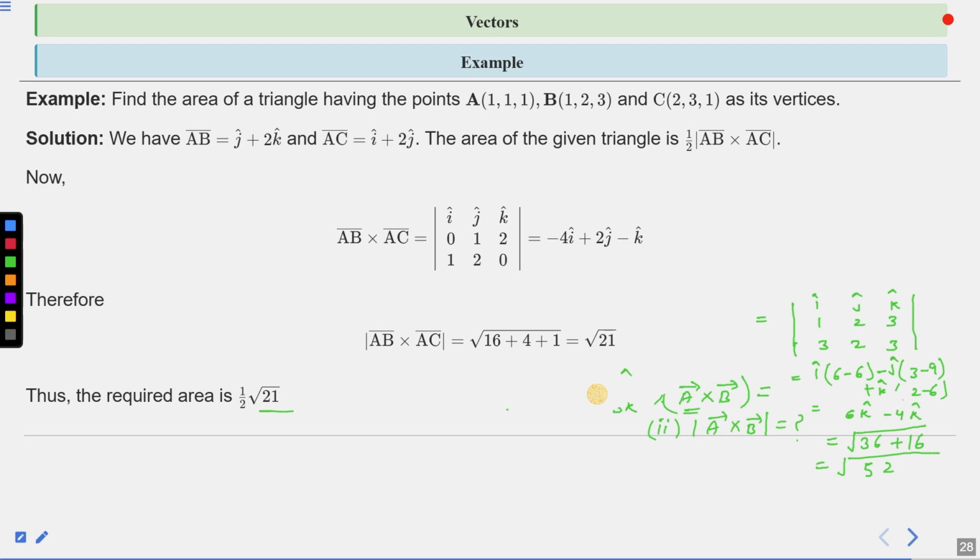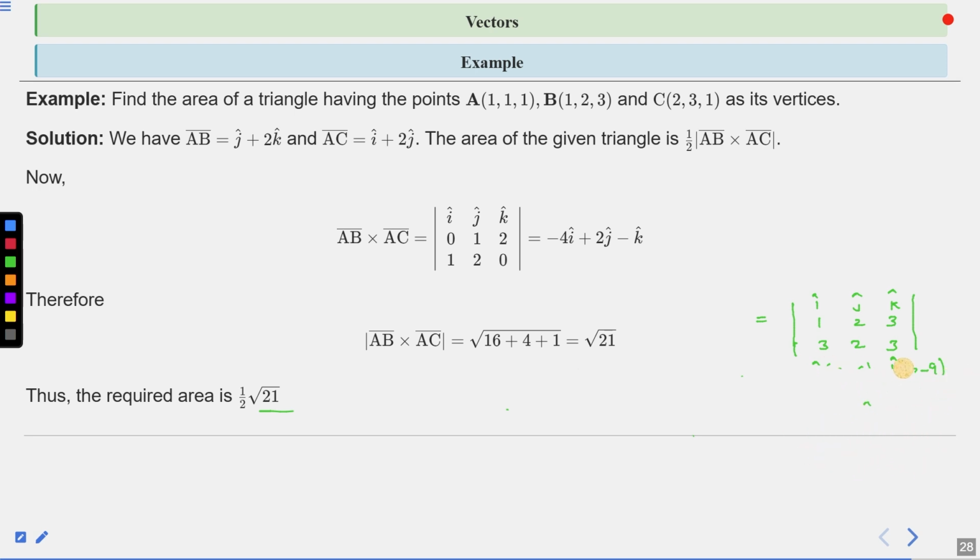So this is all about the cross product of two vectors. And from this type of question, we can say this is very important from the exam point of view. Here AB and AC are both vectors.